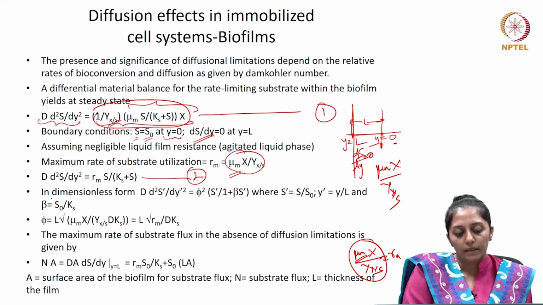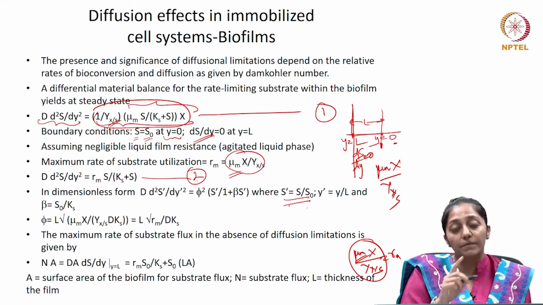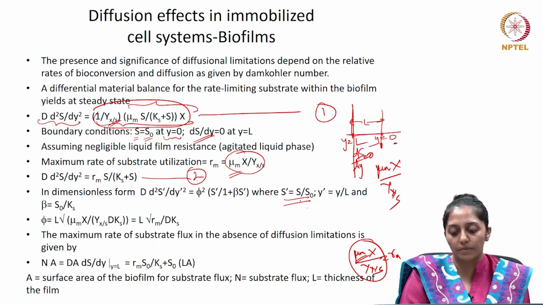Now, further, if we convert equation 2 into dimensionless form, where S prime is the dimensionless form for the substrate, your S is being divided by the bulk substrate concentration, as we did earlier, if you remember, for Michaelis-Menten kinetics and immobilized enzyme systems for spherical pellets.